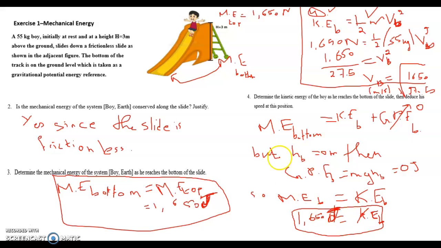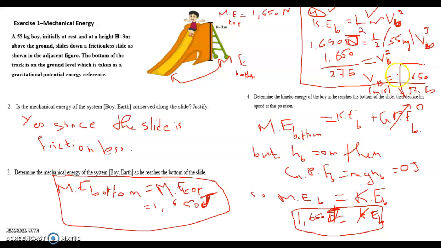So now to find the speed, kinetic energy at B is half m v squared. 1650 joules is equal to half times 55 times vB squared. So half times 55 is 27.5. That's why we divide both sides by 27.5. So we have 1650 divided by 27.5 equal vB squared.